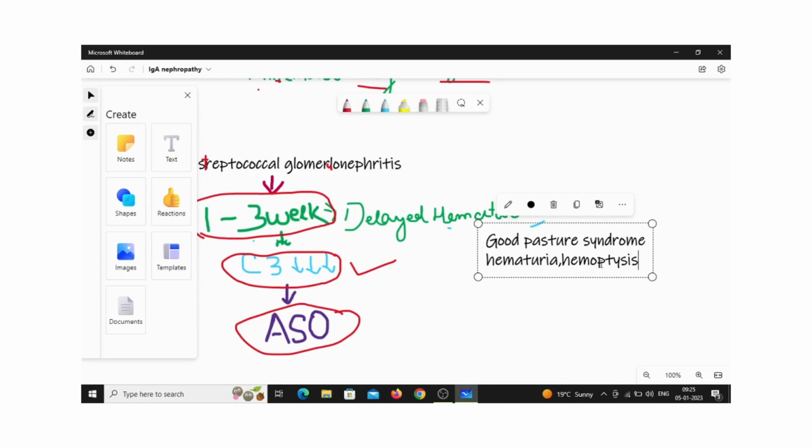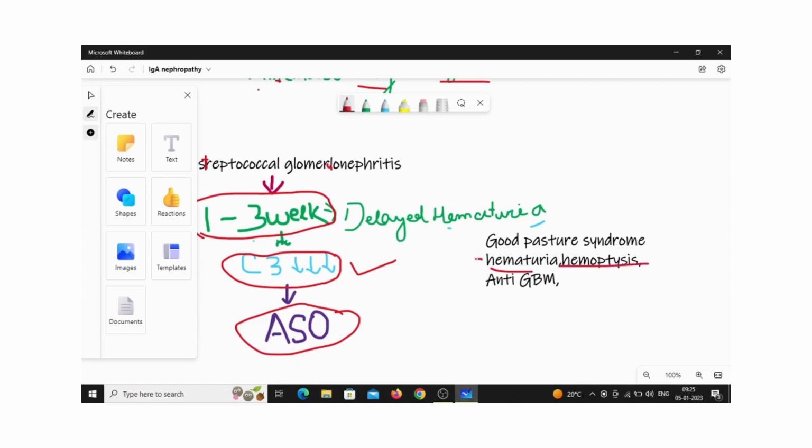So in the respiratory tract there is hemoptysis, in the kidney there is hematuria, with anti-GBM antibody, that is anti-glomerular basement membrane antibody. So if hematuria with hemoptysis is present, the diagnosis is Goodpasture syndrome.